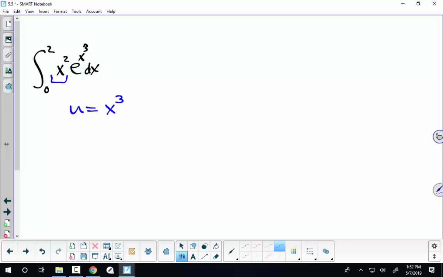So u is x cubed, du is 3x squared dx. And again, we don't have a 3 in the original integral. We have the x squared and the dx. So we want to move this 3 to the other side.